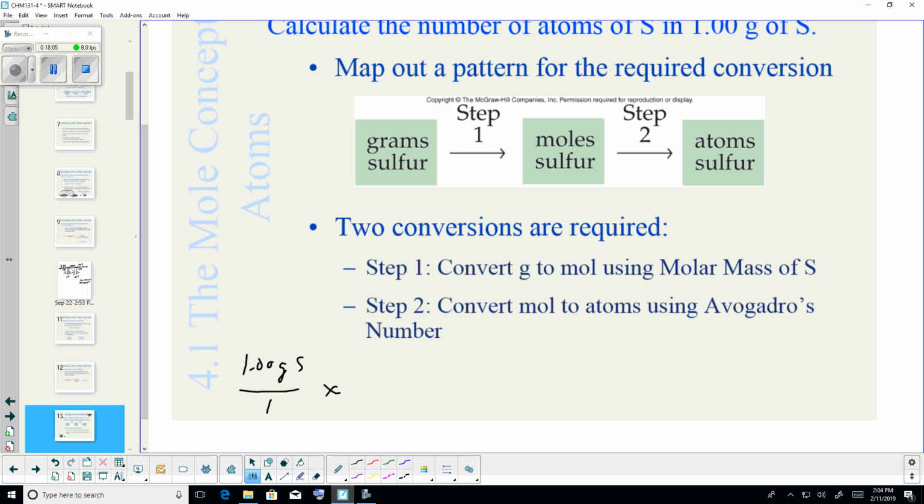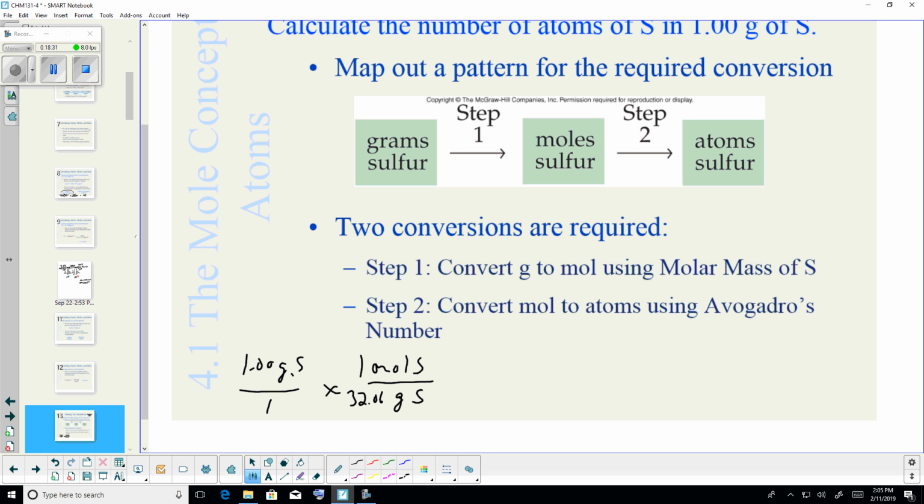So I'm going to go to moles of sulfur. This is on the top, so this has got to come here to the bottom, so it cancels out. 1 mole of sulfur, I know, weighs 32.06 from the periodic table. So this is 32.06. This is essentially dividing because this is in the bottom. So now I'm here.